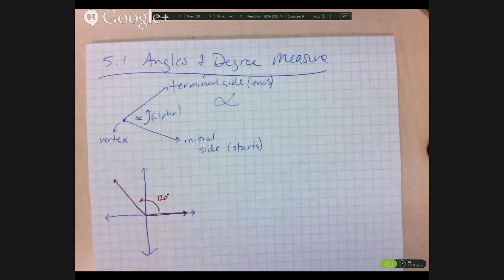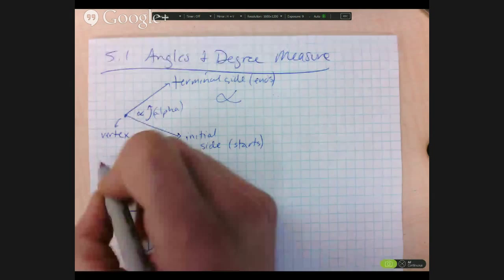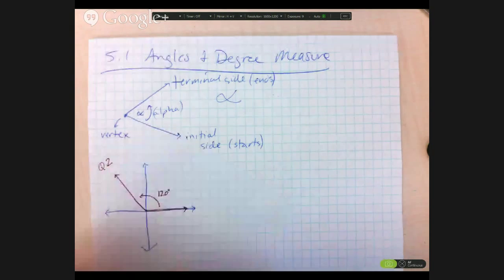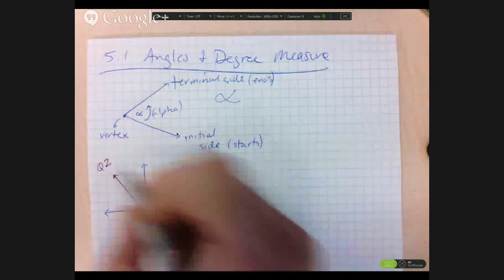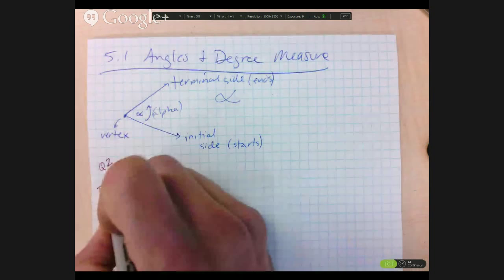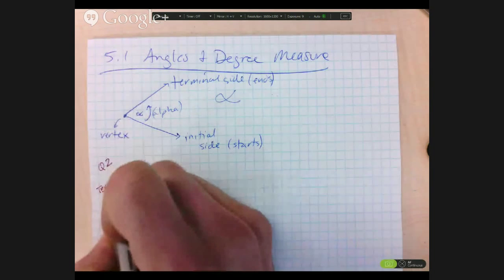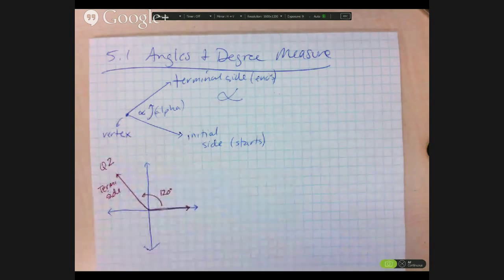Okay, so there's an example angle. We're going to start putting these in the coordinate plane. The terminal side of that angle is in what quadrant? Remember, quadrant 2, terminal side. Be able to identify that. All right, easy.